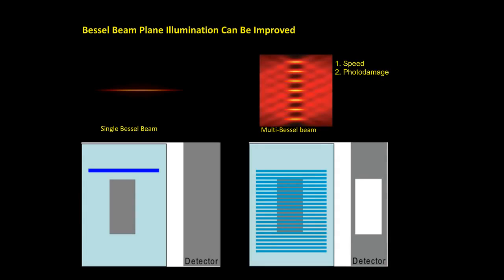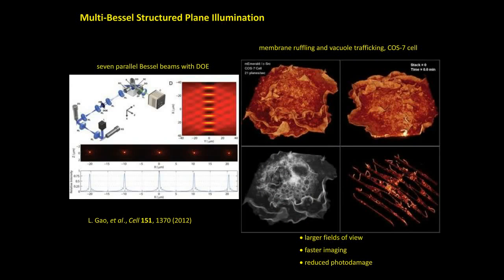Now we distribute one beam's energy among many beams, so simply we divide by 1/n, the number of beams. Then we can keep the same signal to noise ratio while keeping the sample very happy. So this is the speed and photodamage benefit, and this is the first demonstration of our multi-beam Bessel.